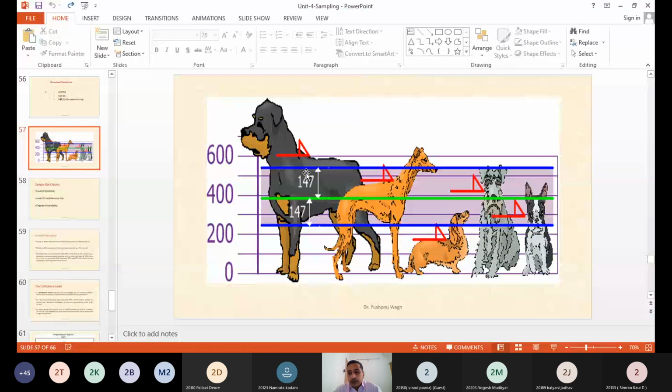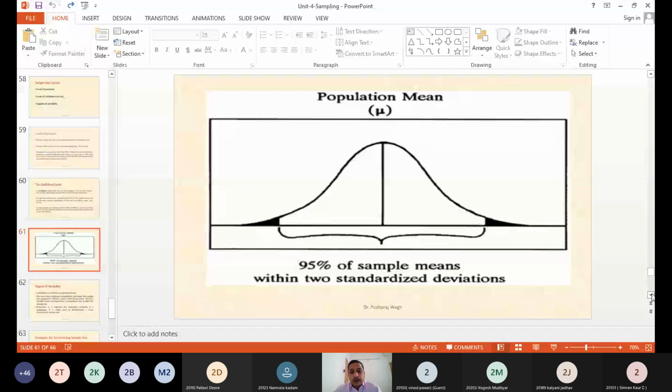If they are plotted on this graph, it will look like this. The mean value will be at the center, and all those sample mean values will be distributed equally on both sides of this mean, and this graph will look like a bell-shaped curve.